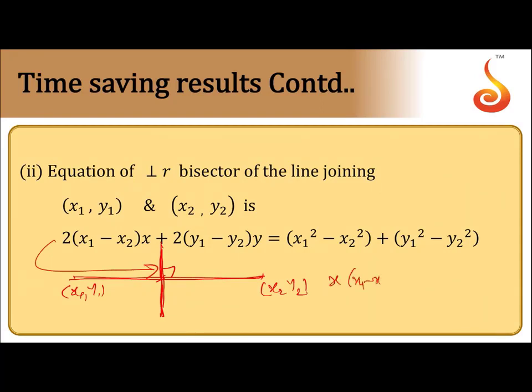In other words, x multiplied by (x1 minus x2) plus y multiplied by (y1 minus y2) equals (OA square minus OB square) divided by 2. OA square is x1 square plus y1 square, and OB square is x2 square plus y2 square. So the same formula can also be written in this fashion.